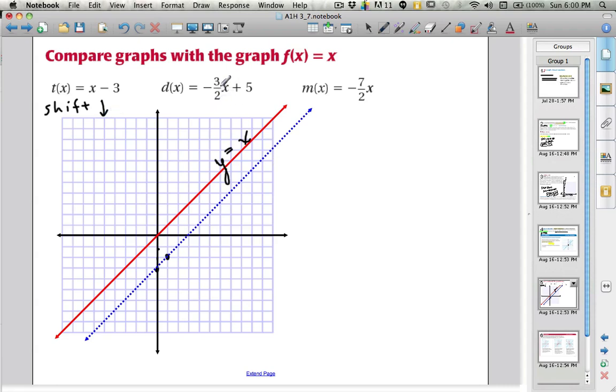Okay, when you look at this function, my y-intercept is 5, 1, 2, 3, 4, 5. But my slope is different. It's a -3/2. So if I go down 3, 1, 2, 3, and right 2, that would give me a point. I could also go up 1, 2, 3, and left 2. Both of those are the slope -3/2. And I go ahead and graph this. Now you'll notice that it's very different.